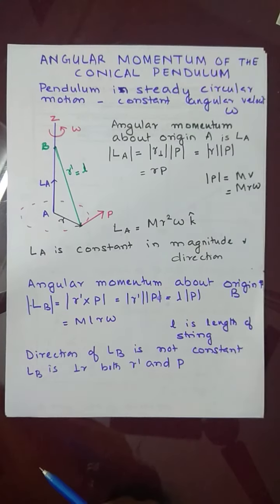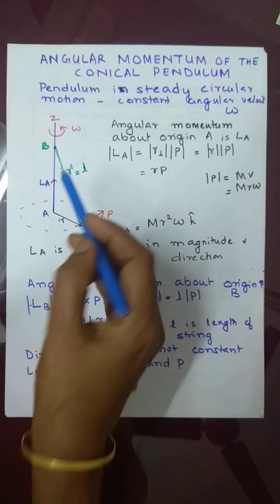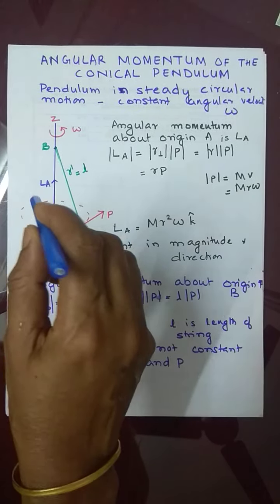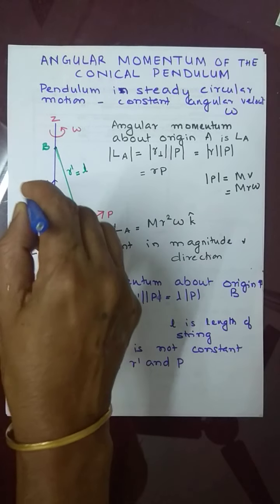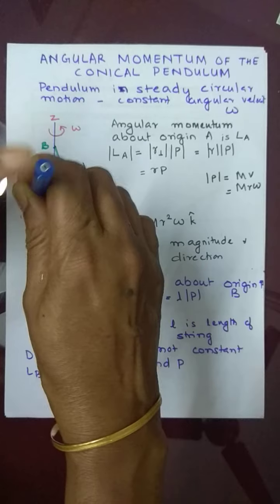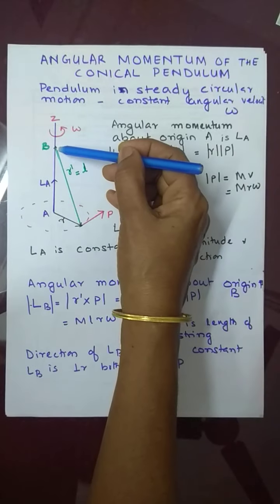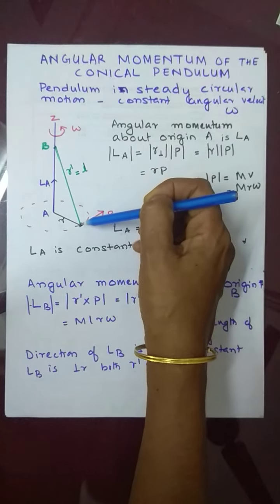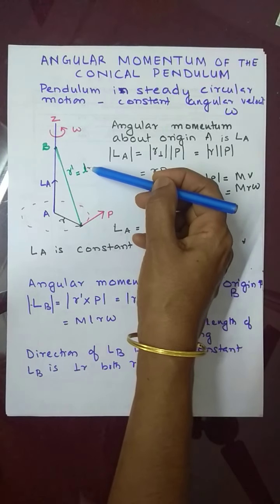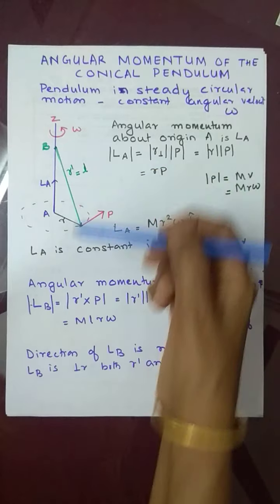Now let us look at the origin B. I have taken the origin B and we are going to find out the angular momentum about the point B. The pendulum is rotating like this. I've taken this as the point B, which is represented here. So this will be the length of the pendulum L, which I'm going to represent as R dash, or R prime.